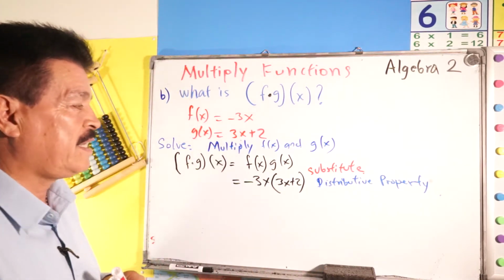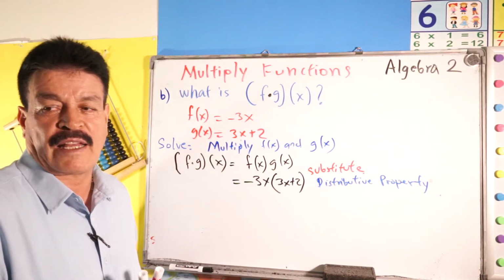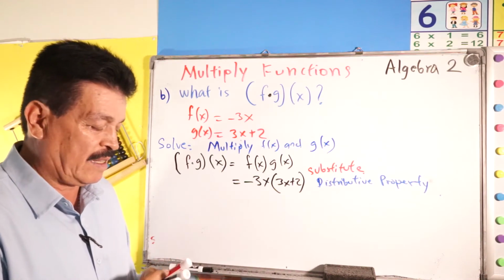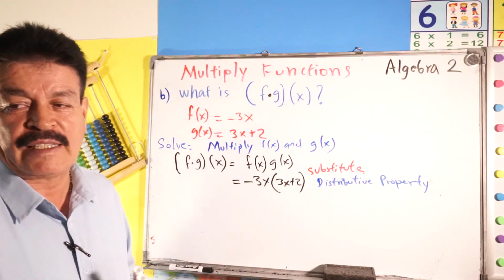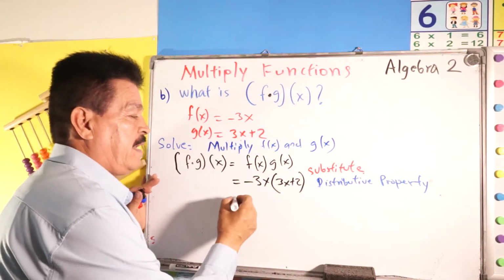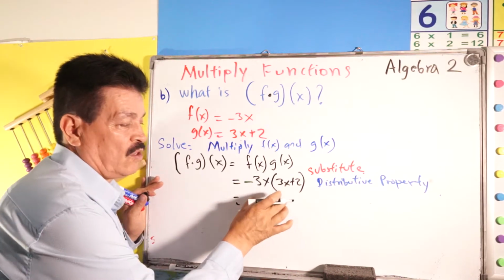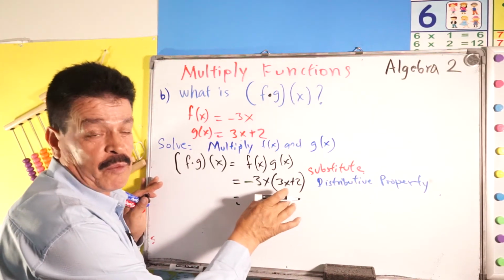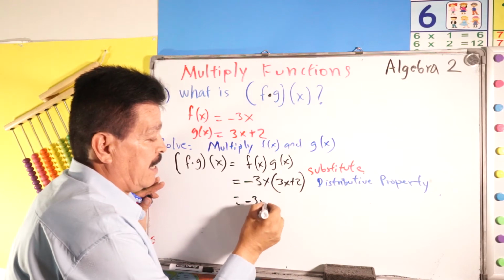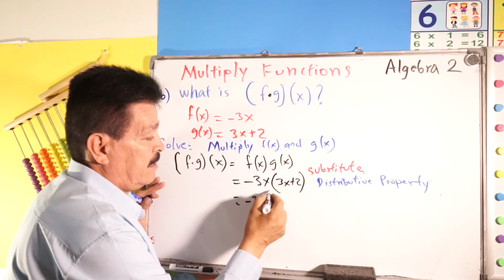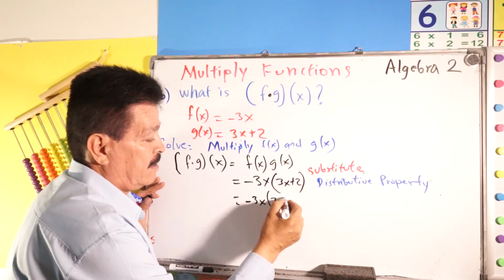It's very simple. It's not difficult to solve this kind of problem. So now, next step, you multiply here. We use the distributive property. How? Just write negative 3x times 3x, right?